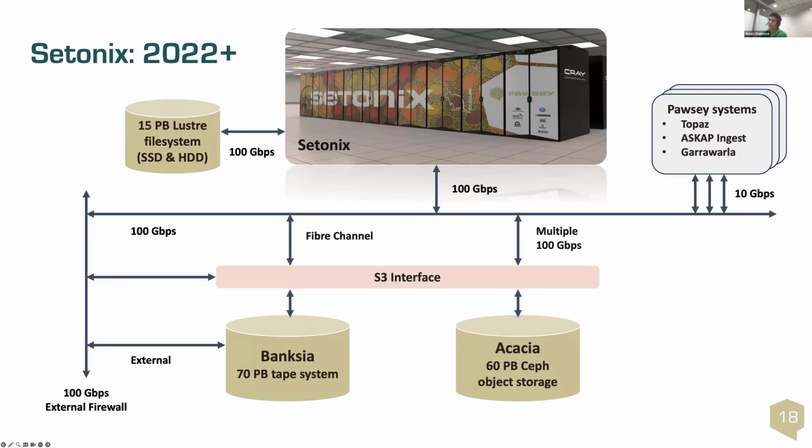I don't know if this number is right, the 15 petabyte, or it has grown a little bit since then. But this is our fast storage system, and the technology it uses is Lustre.